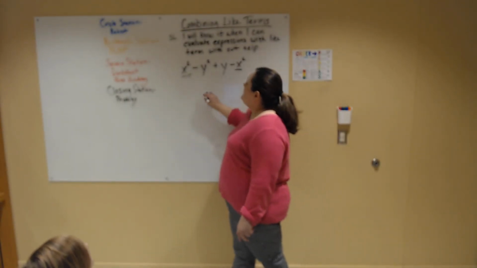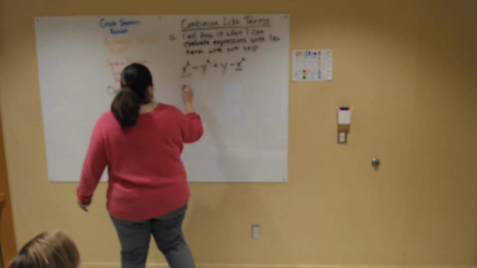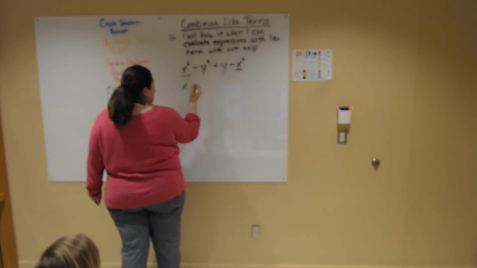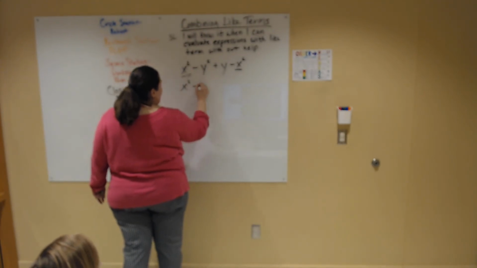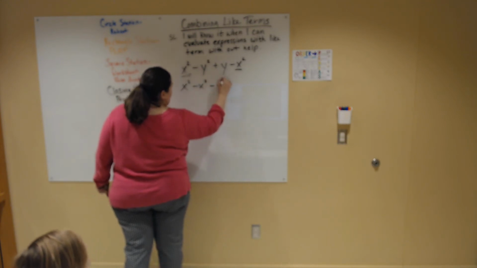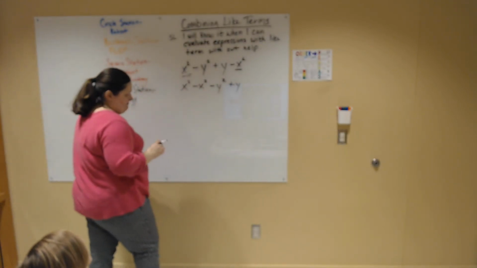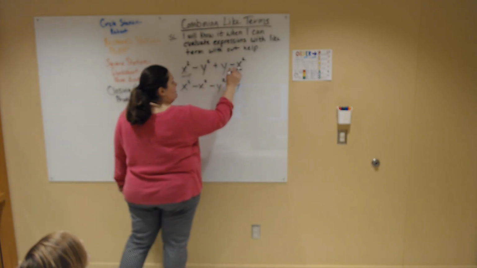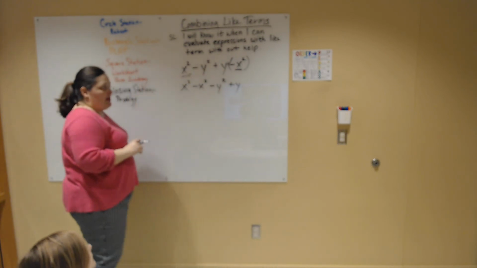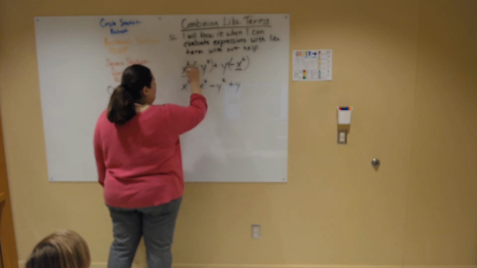We have a positive x. We can rewrite this expression and put our terms together. So it's going to be x squared minus x squared minus y squared plus y. Because another way of writing this, we could put a parenthesis around that and put a little plus right in front of it in order to be able to move it around. Same thing with this y right here.